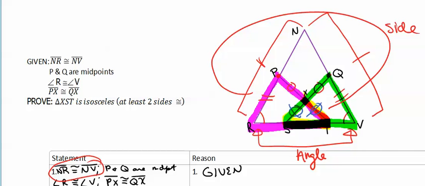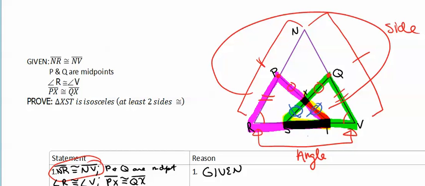The next step would be to establish that either another angle would be congruent or another side, to establish ASA or SAS, side angle side or angle side angle. What you need to decide is what you can prove from there. Since we do not have any line segments on the bottom here proving congruency, it will be very hard to prove that RT is congruent to VS.